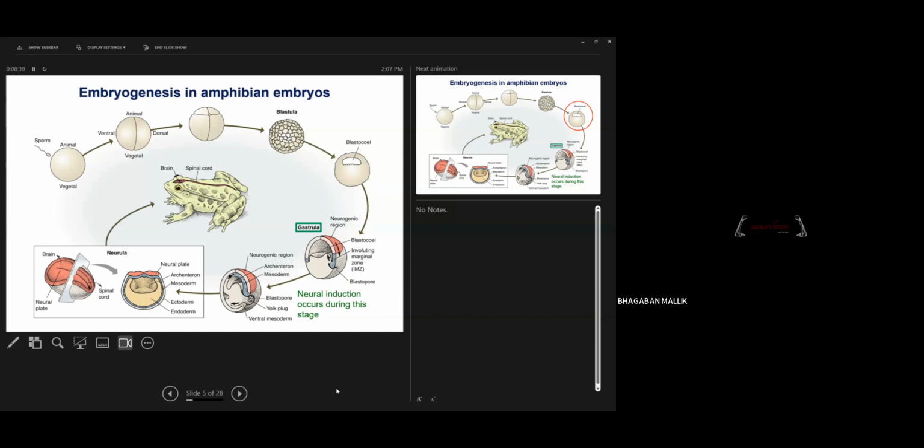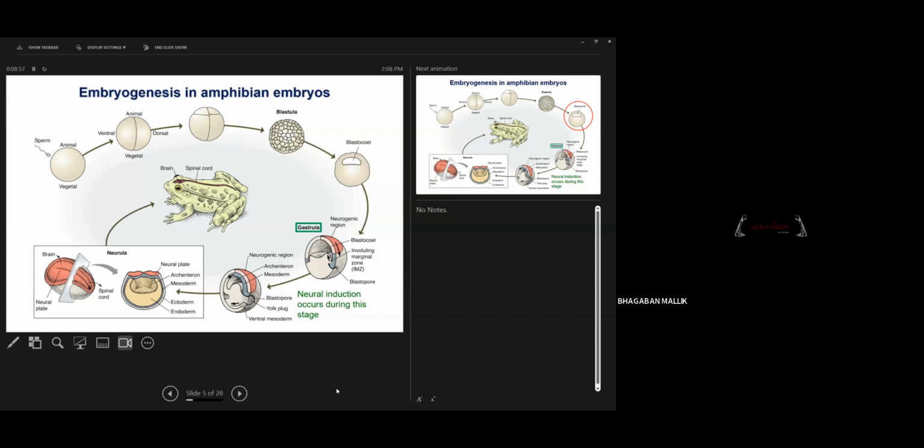After some time during the development, you have the formation of the blastocoel, which is shown here like an open space called the blastocoel. And here a lot of things happen during this development.